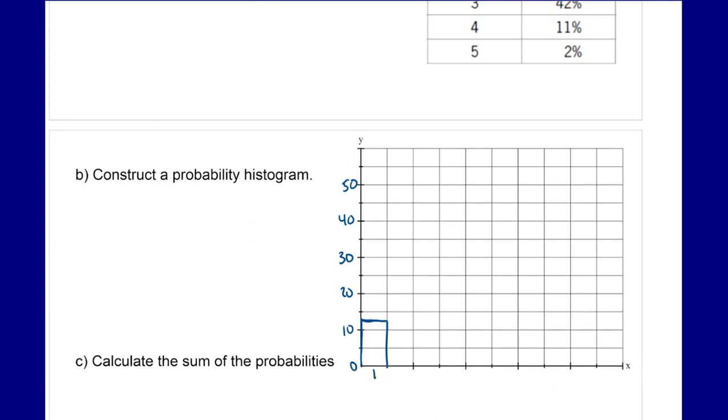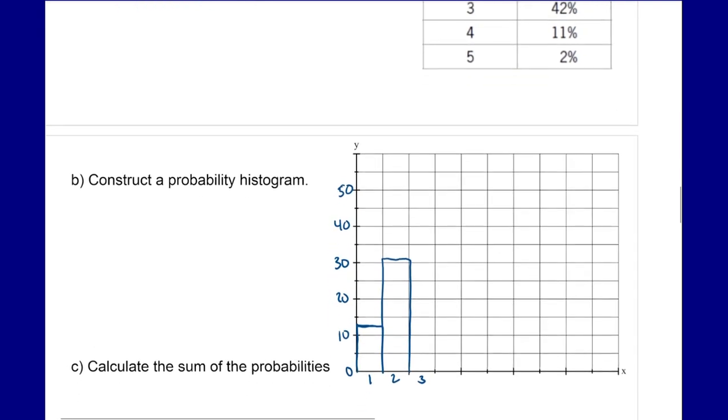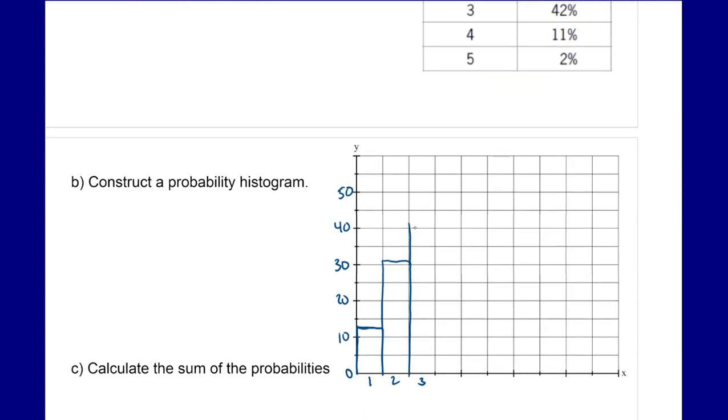We'll change these up. 2 is 31. 3 is 42. 4 is 11. And 5 is 2.